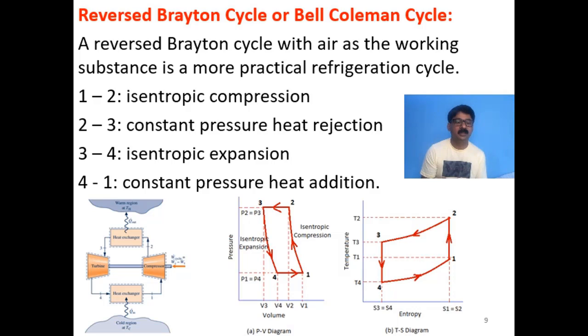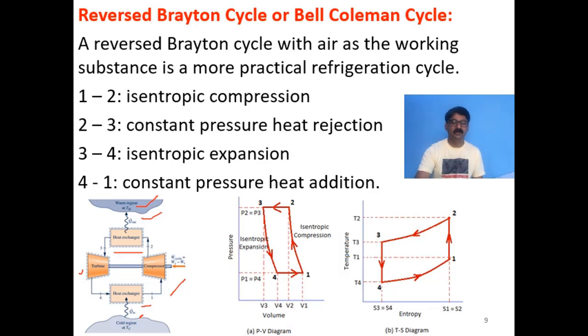You can see the heat exchanger wherein it absorbs heat from the space to be cooled. Here at the bottom, this is the heat exchanger where it absorbs heat, then it passes through a compressor, right? Isentropic compression will take place. Then one more heat exchanger wherein it rejects heat. You can see it is rejecting heat to the surrounding warm space. Then it undergoes expansion in a turbine.